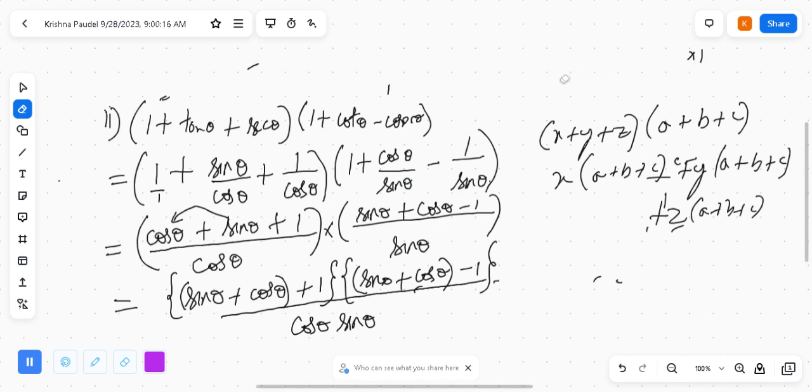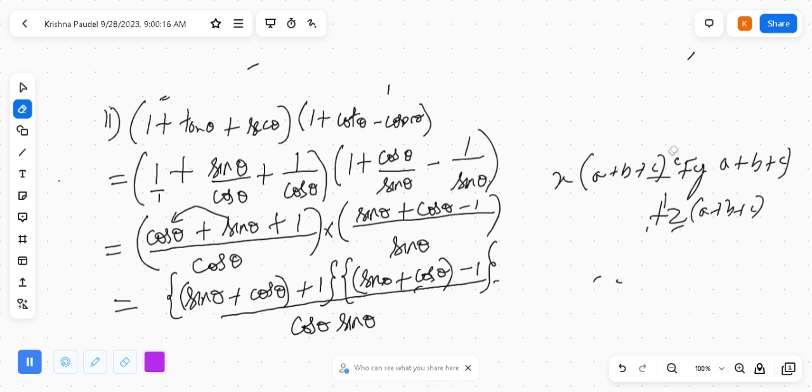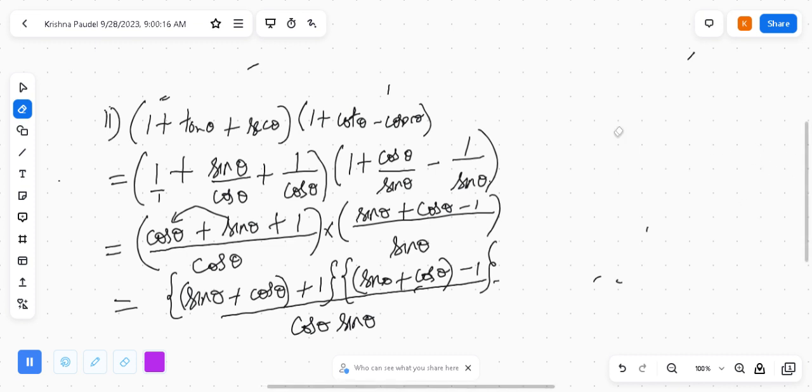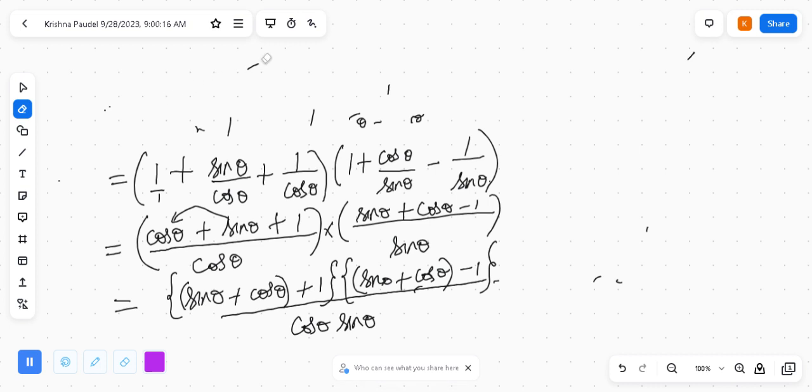After this, the next step is that we need to see the numerator properly. Every step we have to be very careful. If you see the numerator here, it looks like one of the algebraic identities, which is very common, which we always use.